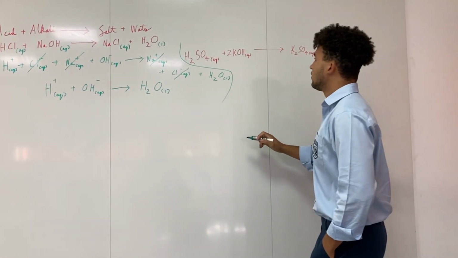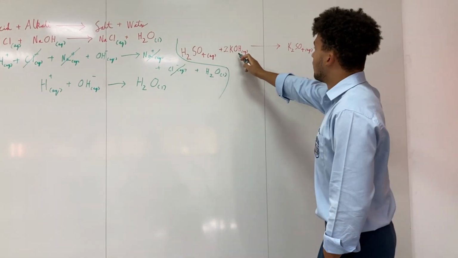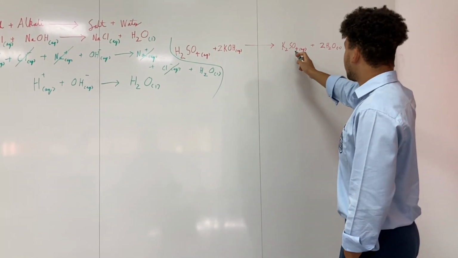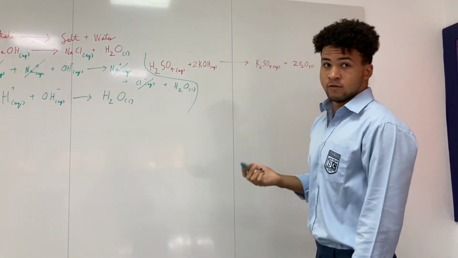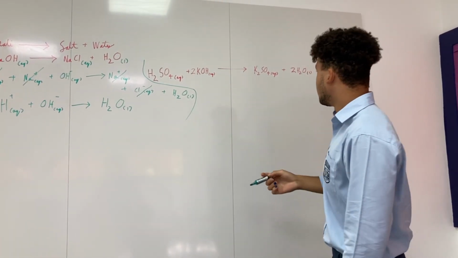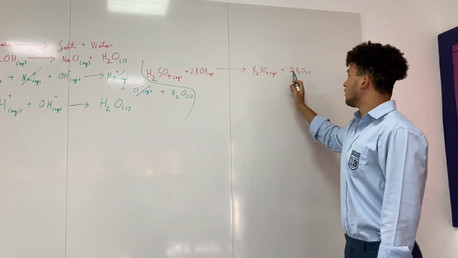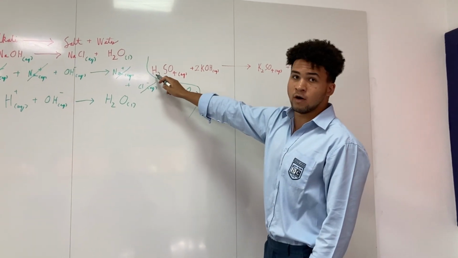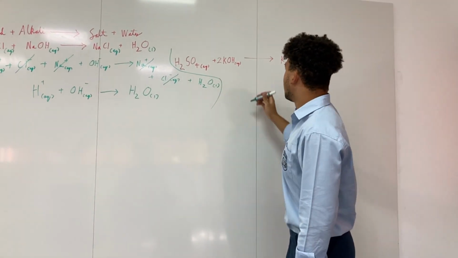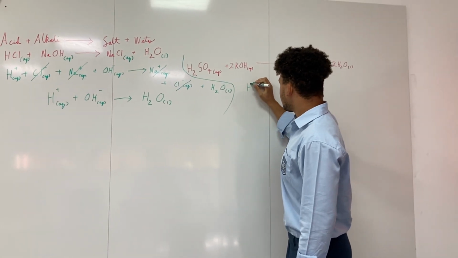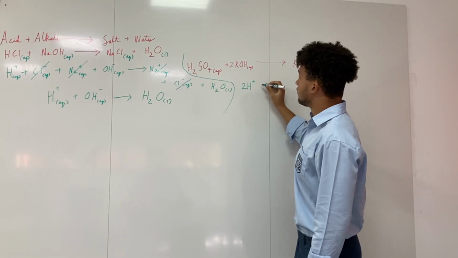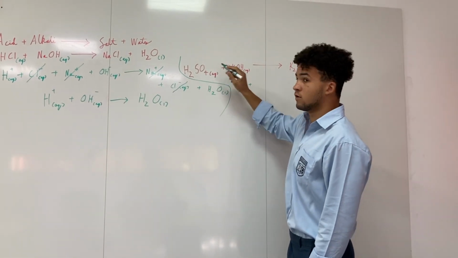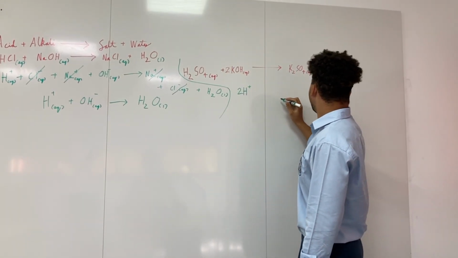Now, I can show us again a different acid-alkali reaction. Here I've got sulfuric acid and potassium hydroxide to make potassium sulfate and water. This balances slightly differently, as you can see by the 2's there and there. This is because of the 2 hydrogens that are donated. Now, you can write this after we've got rid of the spectator ions, which would be the potassium and the sulfate ion.